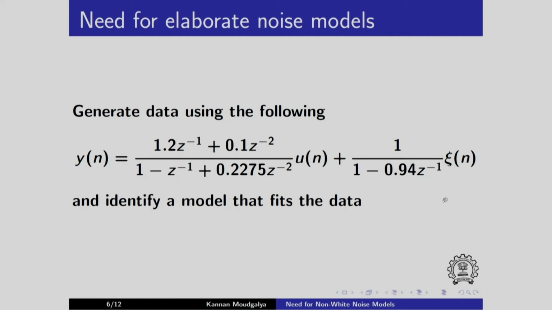It is a transfer function through which this white noise goes through and affects the plant output. Using this, determine the transfer function parameters, that is, excite the plant with input and noise signal, get the output from the data, and fit the parameters.